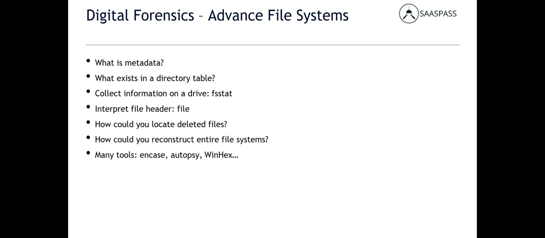For example, if you have a copy of the drive at some point and another copy at another point, and in the second drive image you see that this serial ID has changed, then you can easily say that this drive has been formatted after we took the first copy.